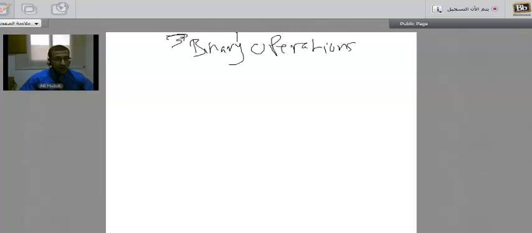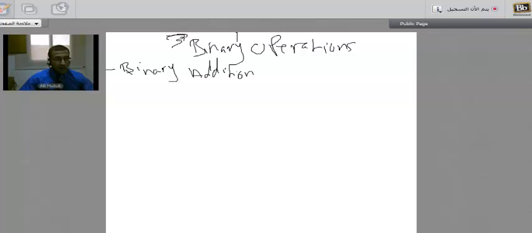Right. So binary operations. Let's have a look first at binary addition. We'll start by looking at how we add binary numbers together.